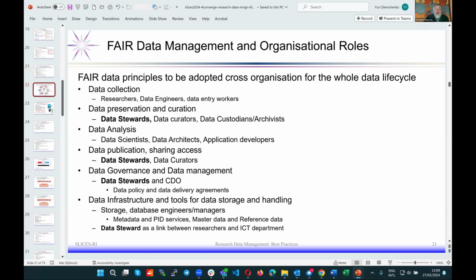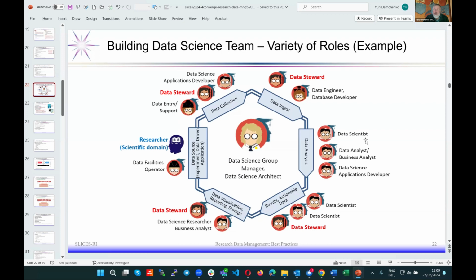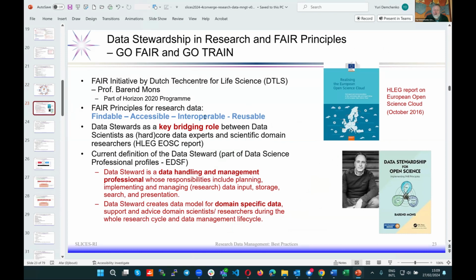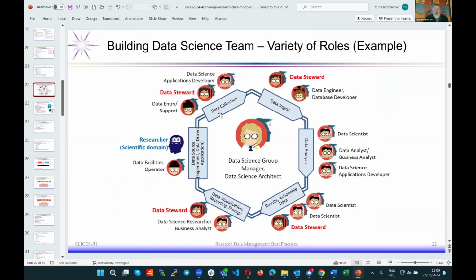And another diagram is from many years ago. Then we discussed Barend Mons's definition of data steward, so that a data steward in a research organization actually also participates in all stages except data analysis.